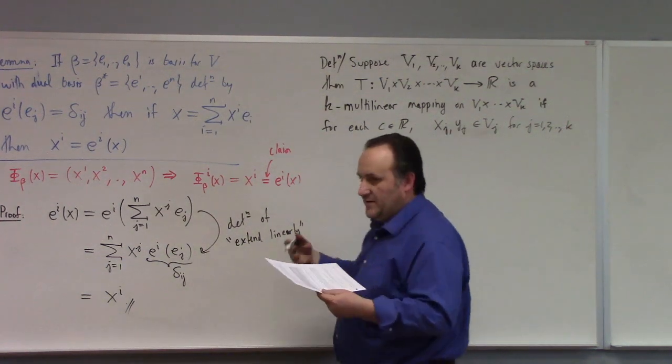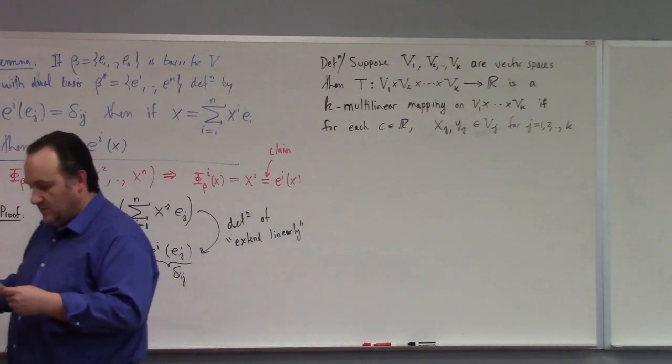So I'm saying I've got a pair of vectors in each vector space for the sake of discussion. All right.